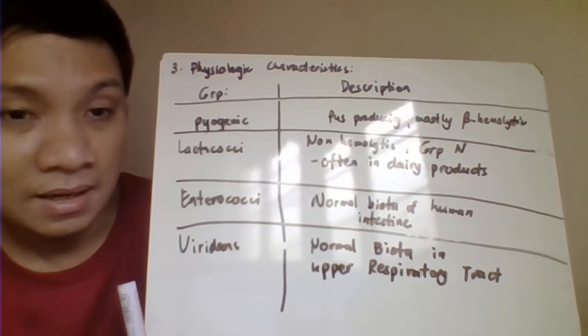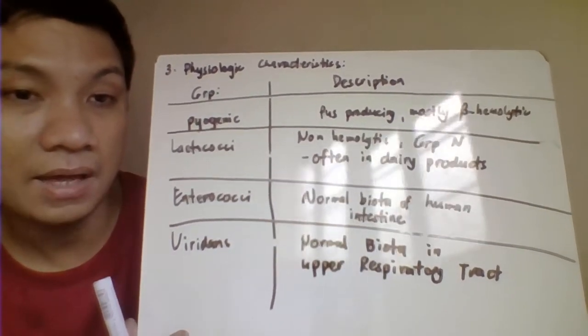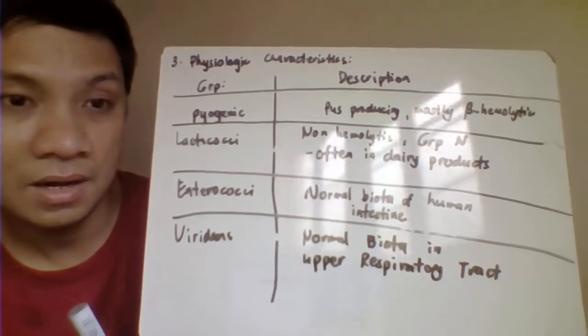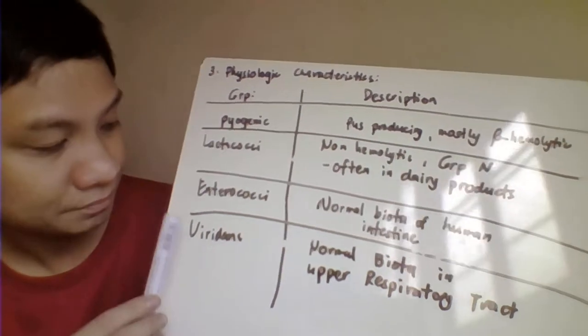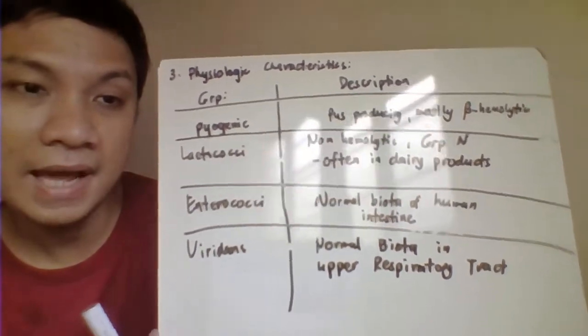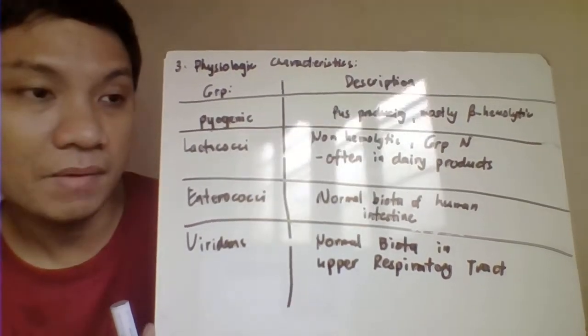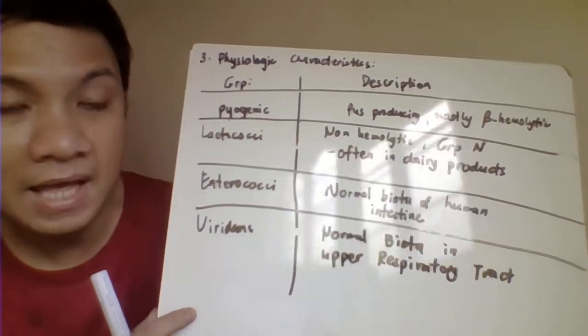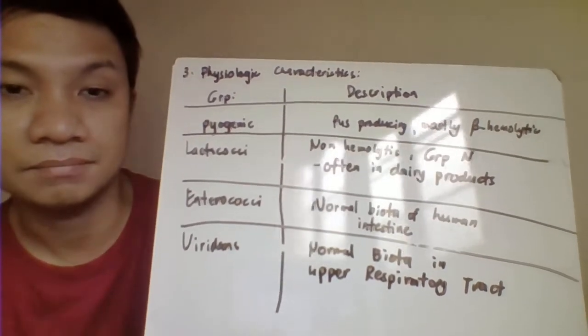And lactococci are most likely found in our dairy products, milk, cheese, and all. Enterococci, on the other hand, enteric, so gastrointestinal tract, normal microbial flora of our intestinal tract. Strep viridans is also normal microbial flora of your upper respiratory tract.